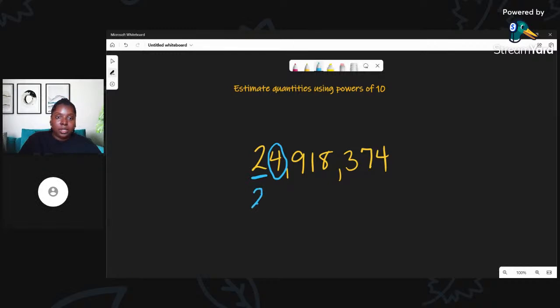That 2 is going to stay the same. And what happens to all these other numbers? They all become zeros. Okay, tell me how many zeros I'm going to write. 7. Good. And so let's write it as a power of 10. 2 times 10 to the 7th power.